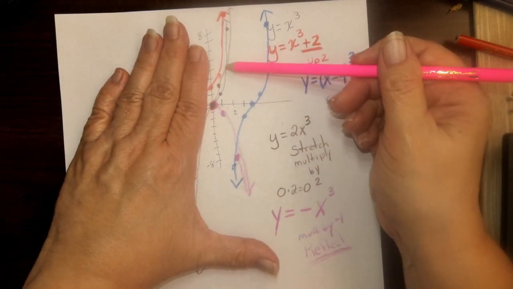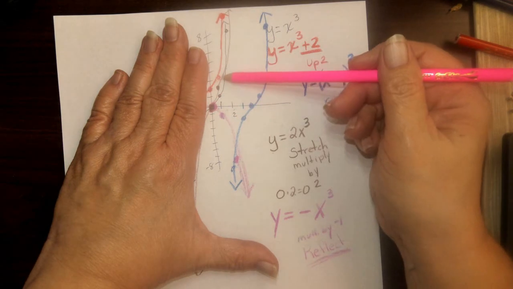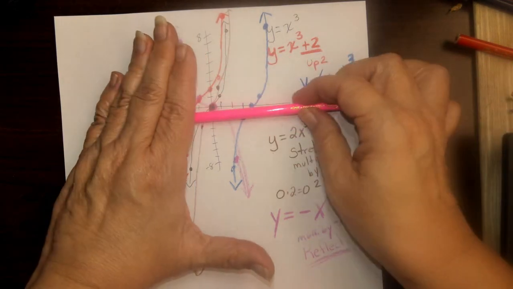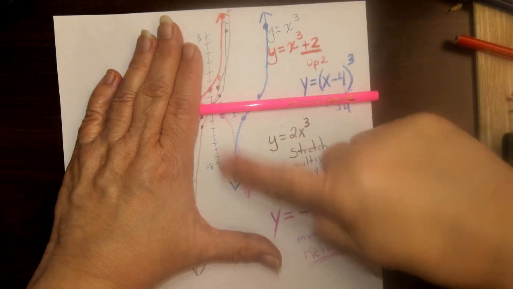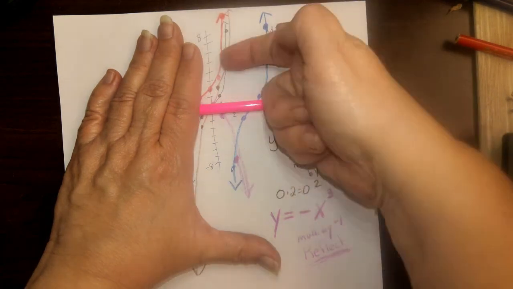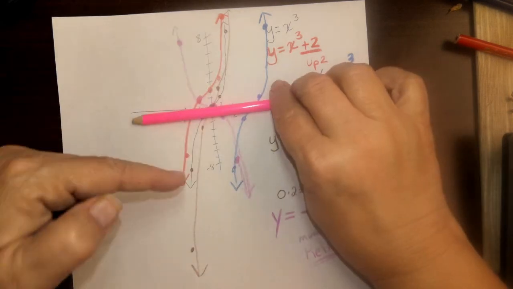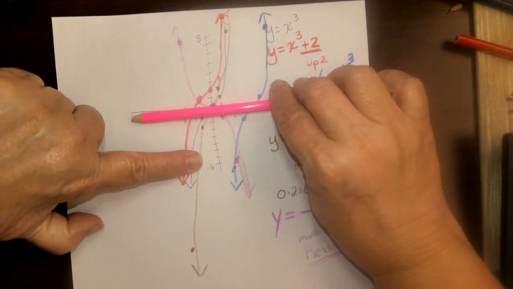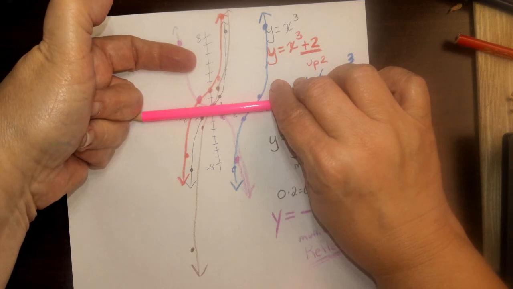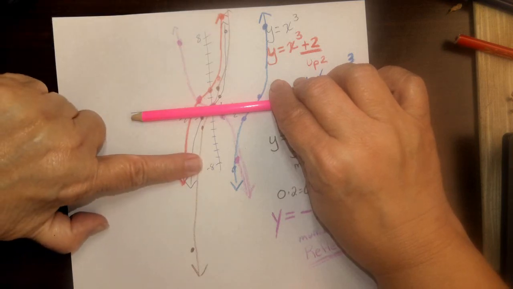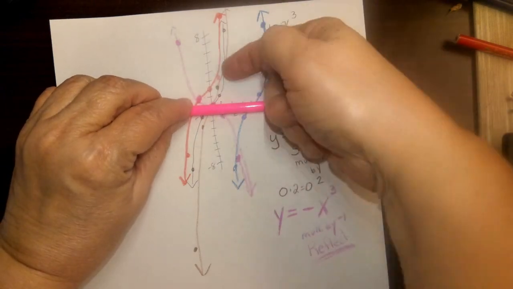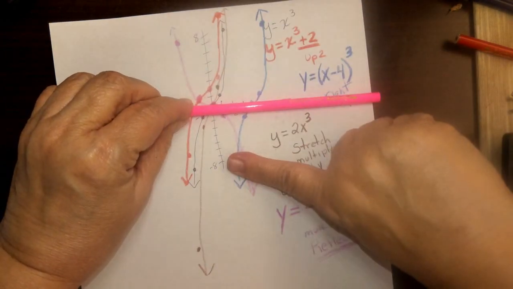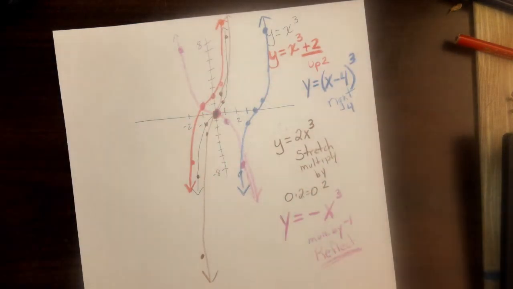So if you see this black parent function, think of it like a mirror, and it flipped over. Flip, flip. And then this black part here flipped up. So this side used to be negative, flipped, it's positive. This side used to be positive, flip, now it's negative. Okay? Yes?